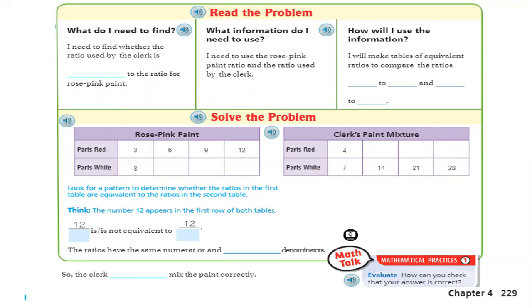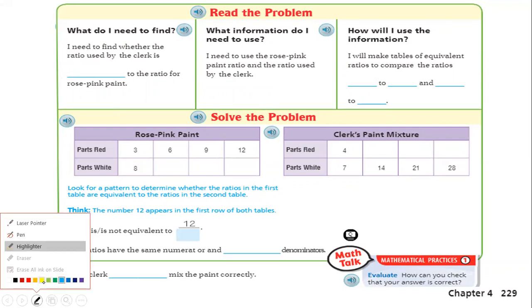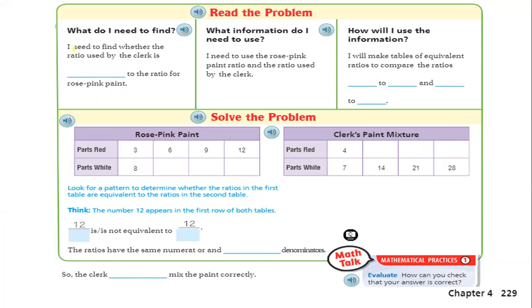I need to find whether the ratio used by the clerk is what? To the ratio for rose pink paint.